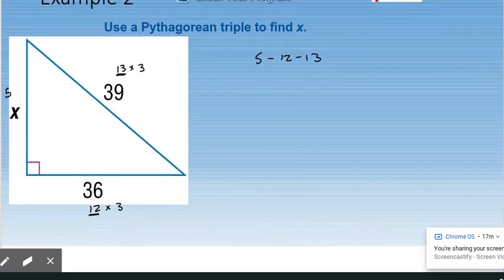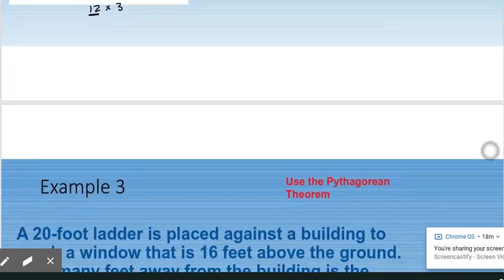But this time we're multiplying by 3. So to find x, I'm going to have to multiply that by 3. 5 times 3 then would be 15. Now again, if that doesn't make sense, it's okay. Just do it the other way. No big deal. You're still going to arrive at the right answer.